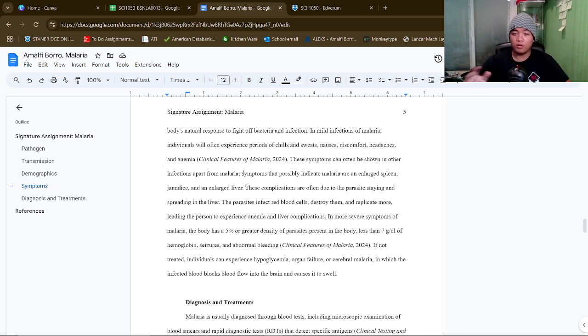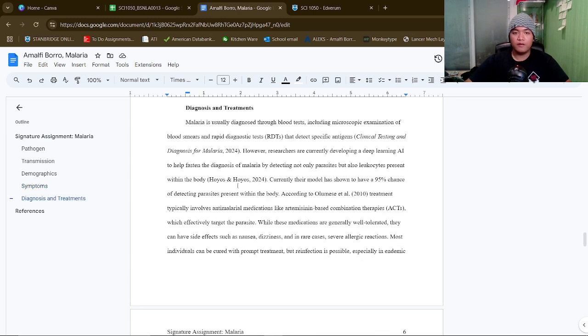Another common symptom between mild and severe is jaundice, because malaria parasites often stay inside the liver. It will affect the function of the liver. It can cause an enlarged liver, also leading to an enlarged spleen, and constantly experiencing anemia and liver complications.